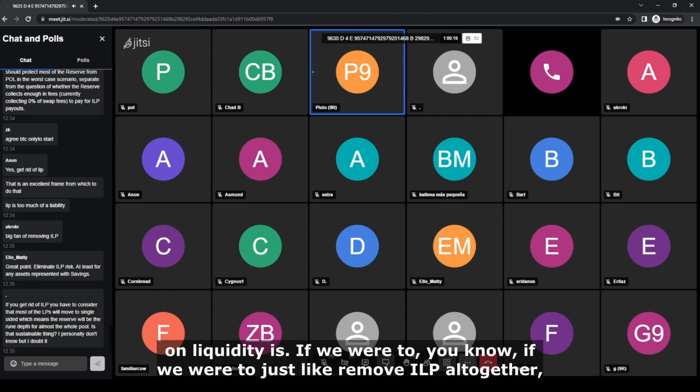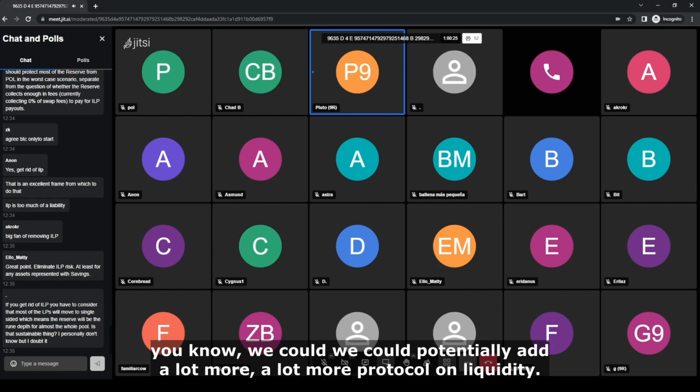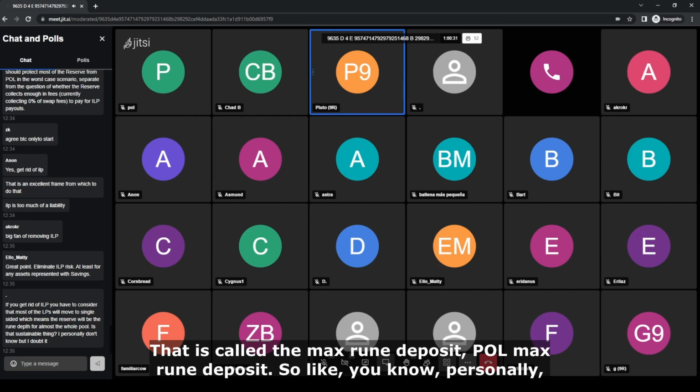If we were to just remove ILP altogether, we could potentially add a lot more protocol owned liquidity. That is called the max Rune deposit, POL max Rune deposit.